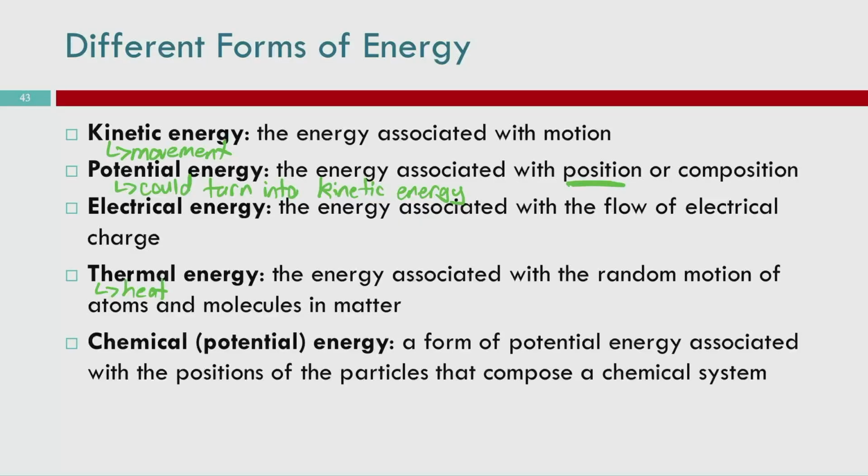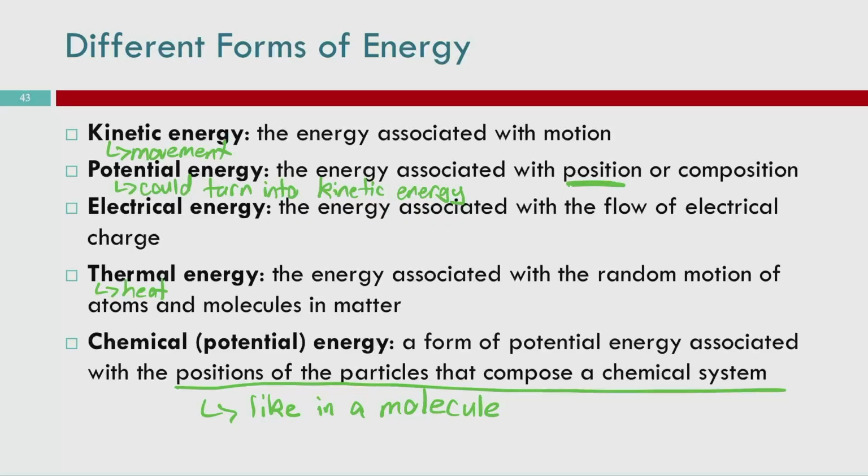And then our last form of energy that we'll talk about is chemical potential energy. This is related to positions of particles in a chemical system, like in a molecule. Some molecules are really, really stable. The atoms are super happy in the configuration that they're in, and it's hard to get them to leave that configuration.